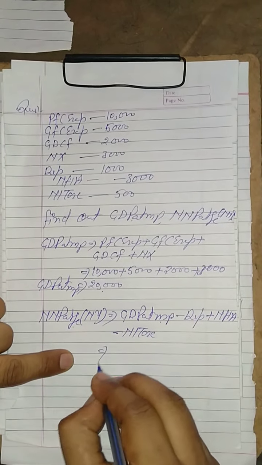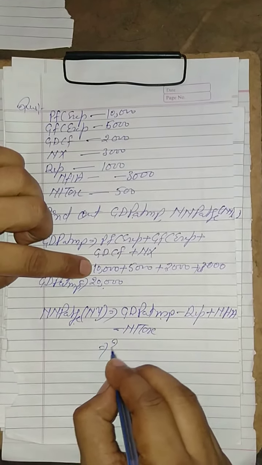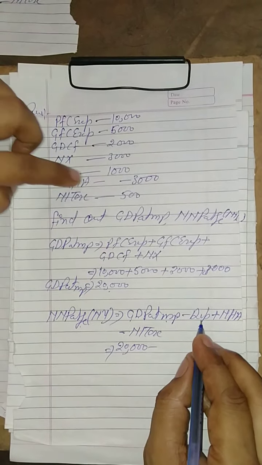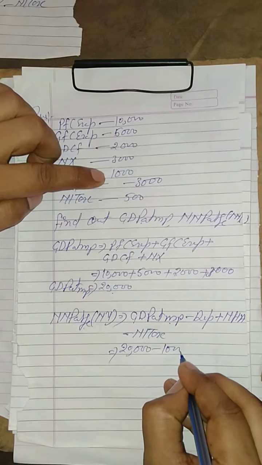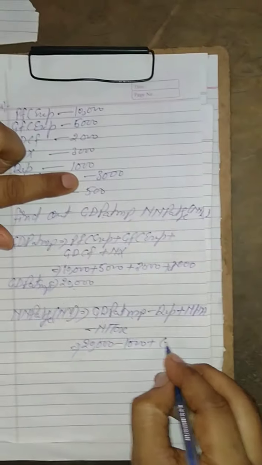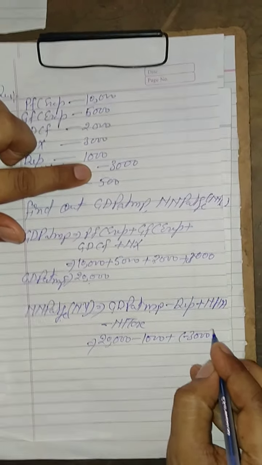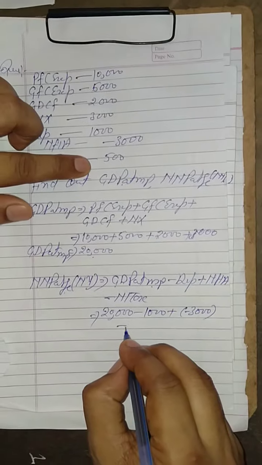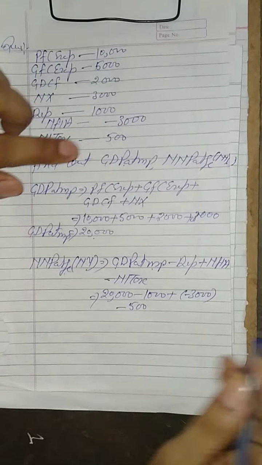So that's your formula: GDP at MP 20,000 minus depreciation 1,000 plus NFIA minus 3,000 and minus net indirect tax 500.